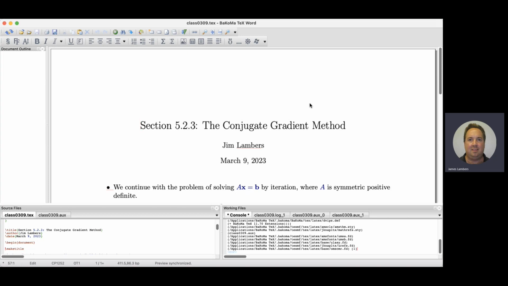Okay, so a quick recap of where we've been. We've been focusing on solving Ax equals b by iterative methods in a case where the matrix A is symmetric, positive definite.